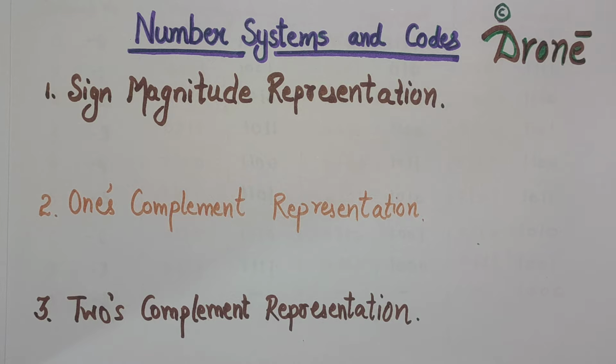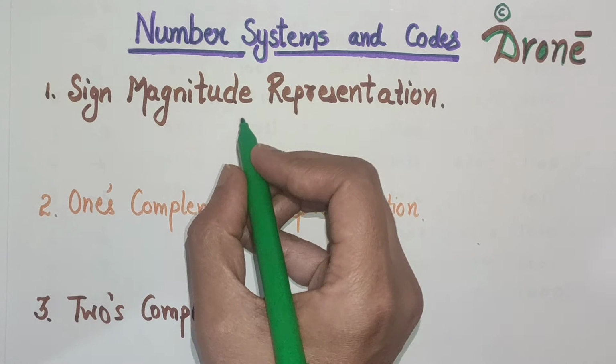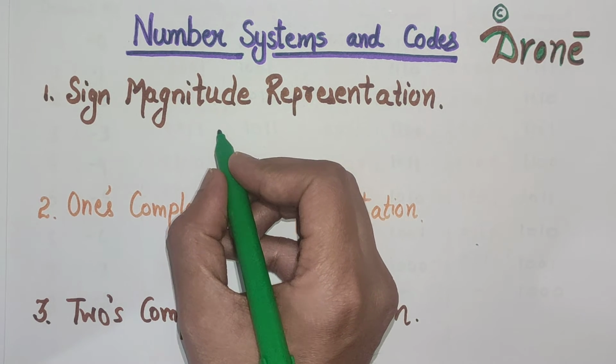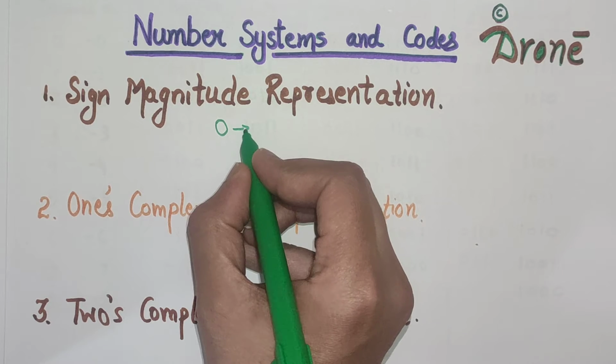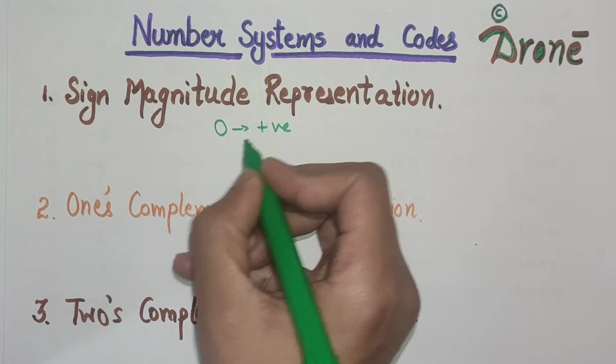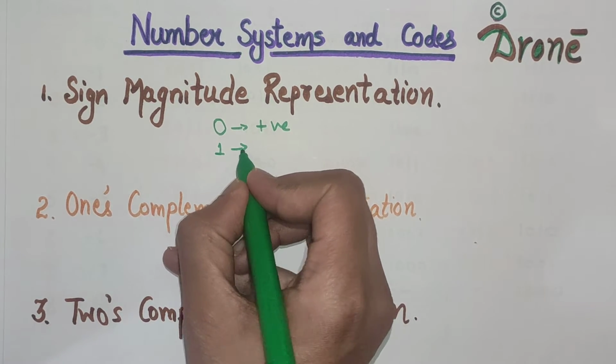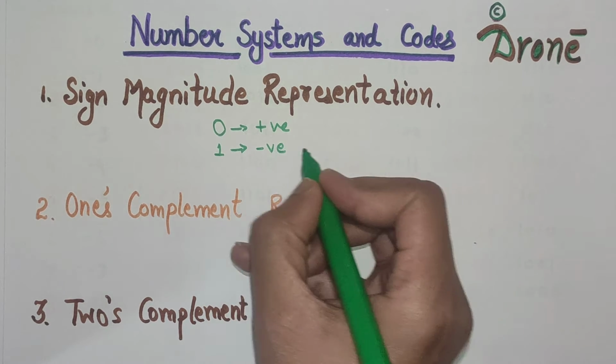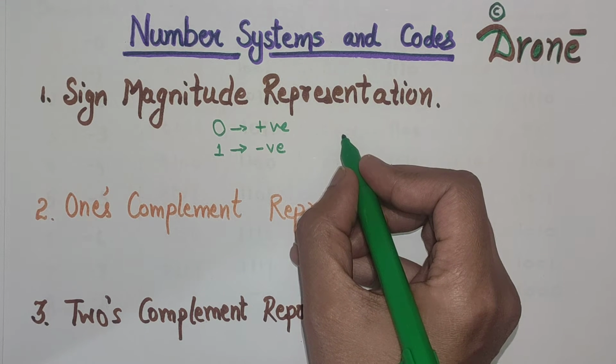So first, starting with the sign magnitude representation. In sign magnitude representation, an additional bit is used as a sign bit and is placed at the most significant bit. So, in sign magnitude representation, 0 is used to represent a positive number and 1 is used to represent a negative number.